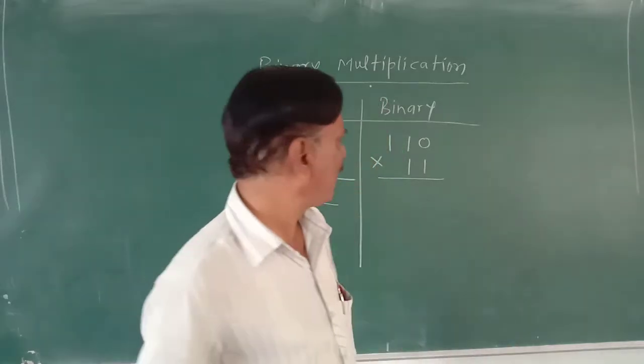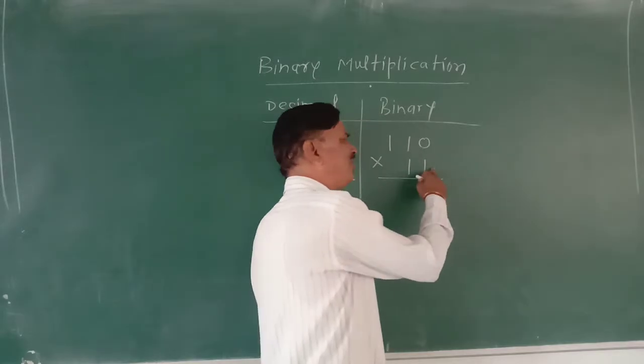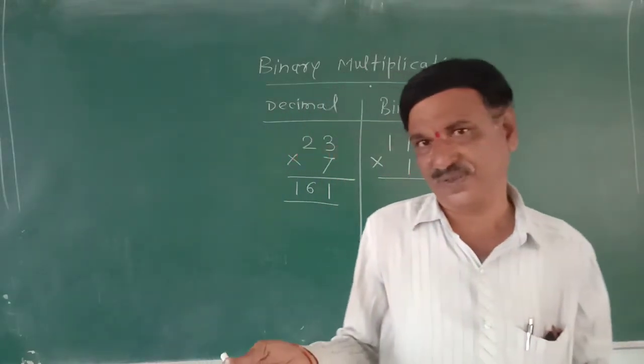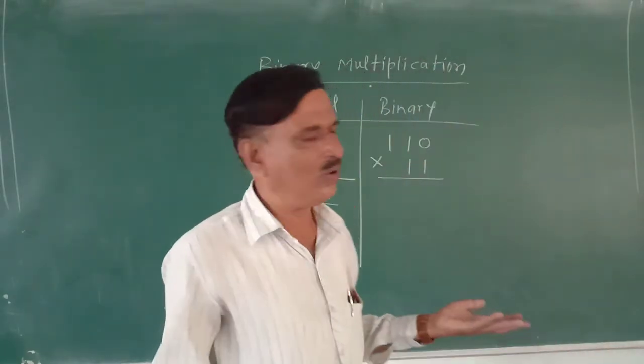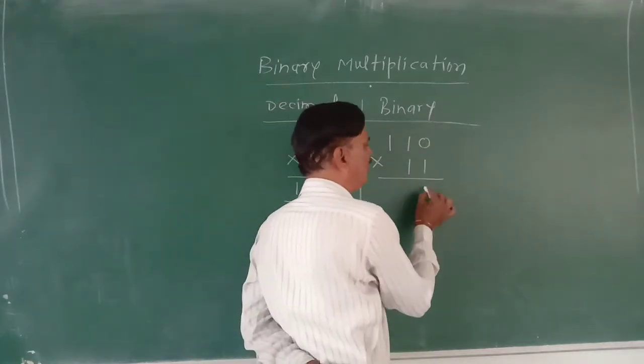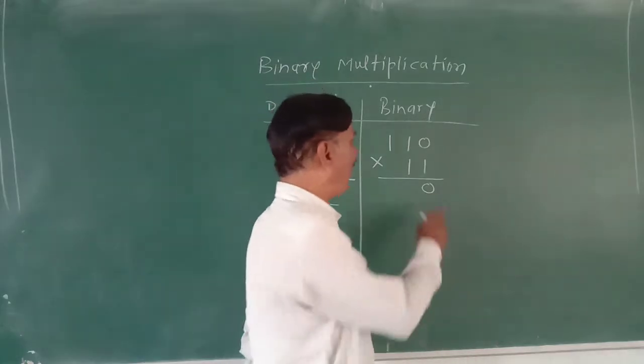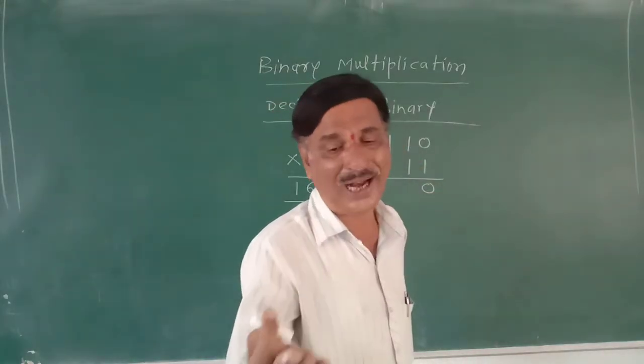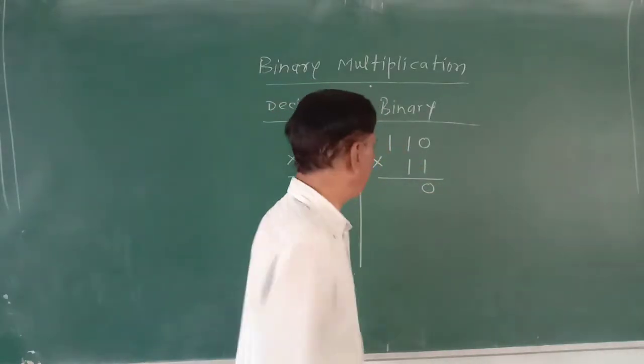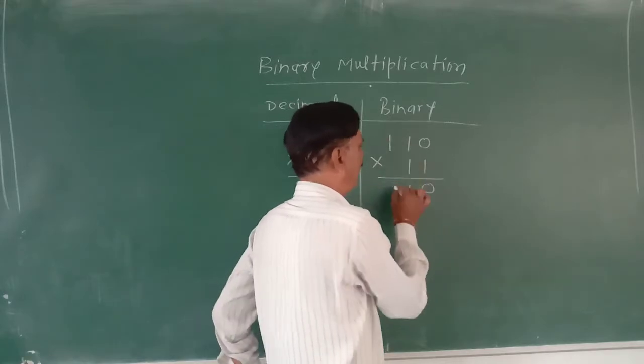That's why 1 multiplied by 0 in decimal yields 0, similarly in binary, 1 multiplied by 0 is 0. 1 multiplied by 1 is 1 in decimal, and similarly in binary.